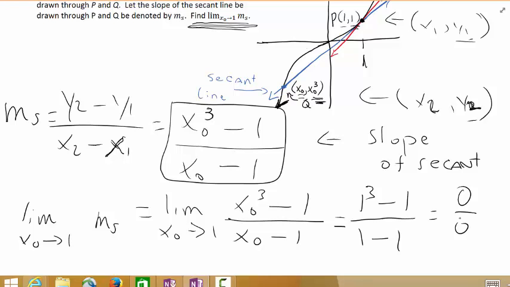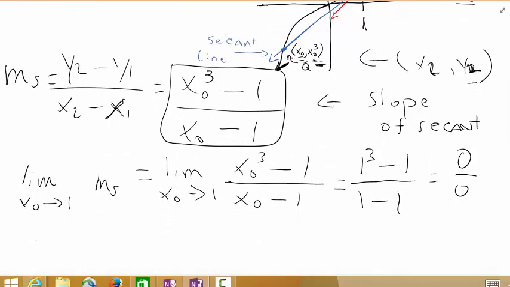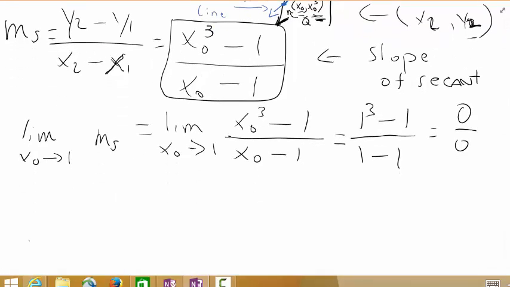So it looks like for this particular part of the problem, it would be best to factor the numerator. So let's factor the numerator and see what happens here, and hopefully we'll find something that will cancel out with the denominator. So the limit as x sub 0 approaches 1, if I factor the numerator, hopefully we can recognize from college algebra or pre-calc that this expression at the top is a difference of cubes.